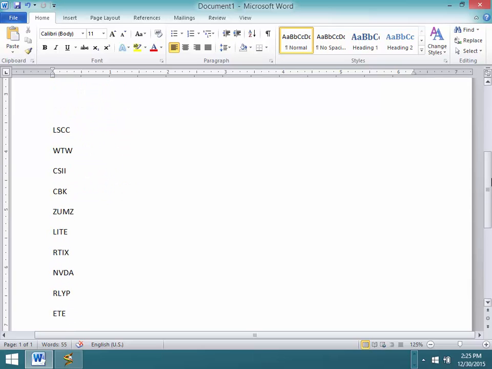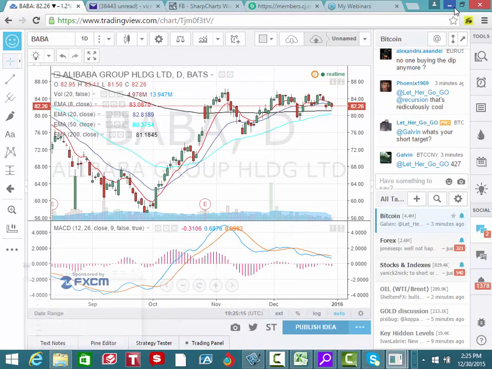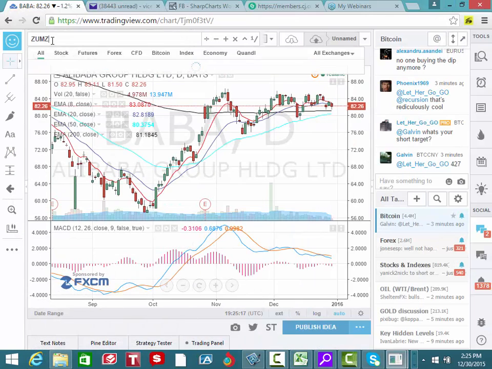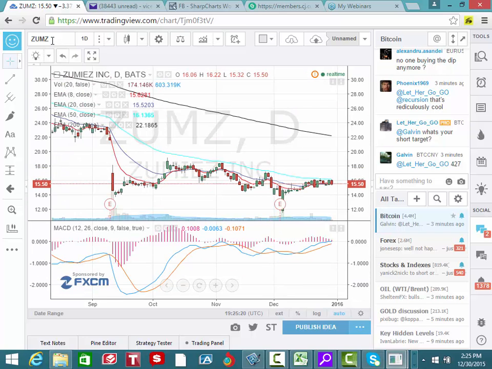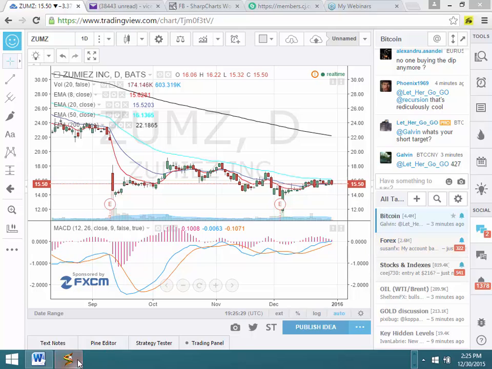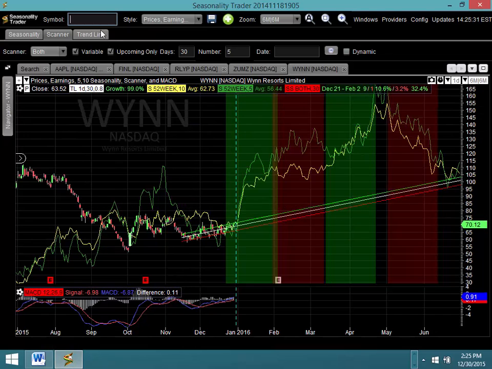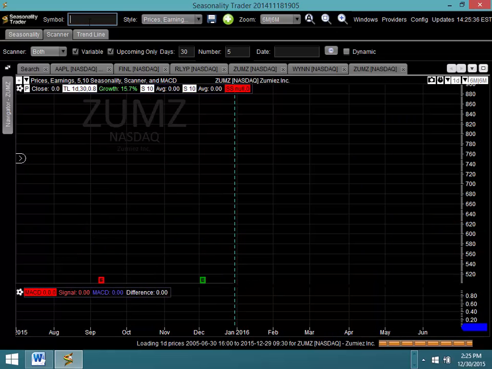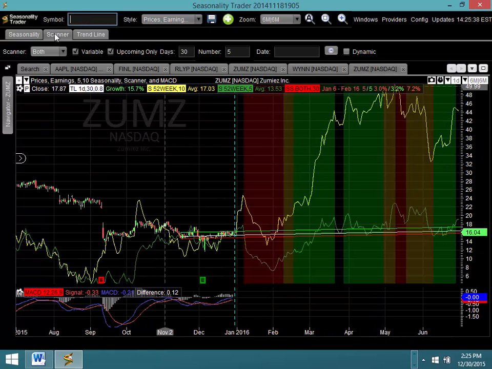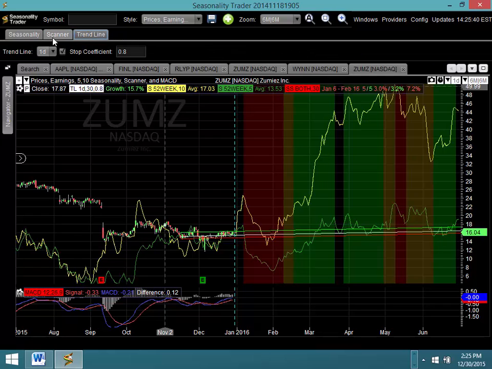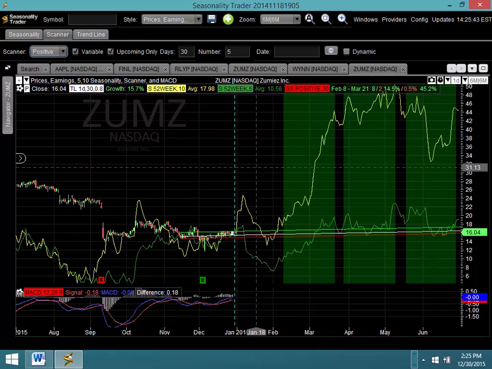Now this is a scan I run every morning, and a couple that popped up are about to form a pattern. You can see ZUMZ. It's hitting off that 50. I want to see it close above that 50 to make a move. And the nice thing here, if we look at the seasonal, we get 2 seasonal patterns coming up.